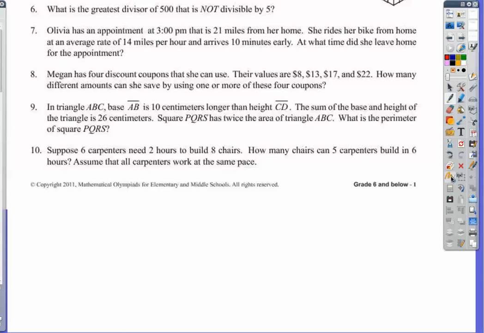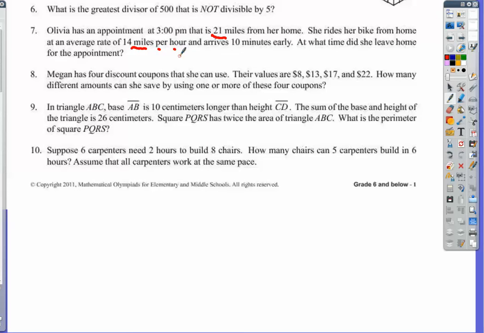All right, so she arrives 10 minutes early. What time did she leave her home for her appointment? The first thing I need to know is how long it takes for her to go 21 miles going 14 miles an hour. Miles per hour is miles divided by hours.